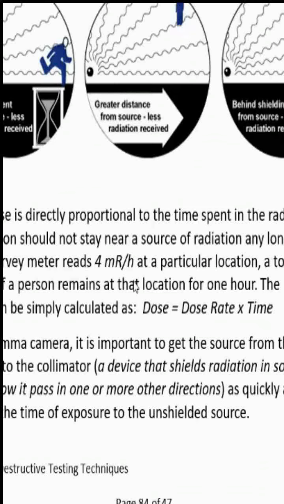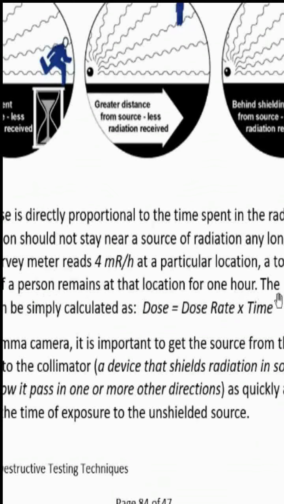When we hold this survey meter in the air in an area where radiation testing is being done, it shows an indication, for example, say 4 milliradian per hour at a particular location at some distance from the radiation source. A total dose of 4 milliradian will be received if a person remains at that location for 1 hour.